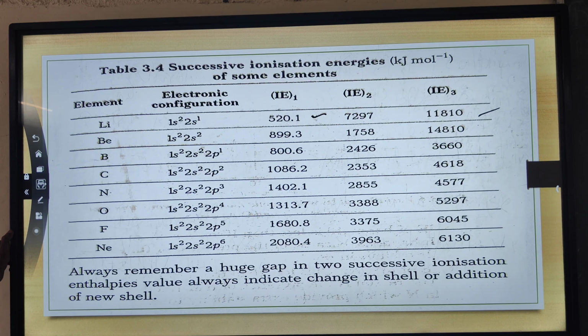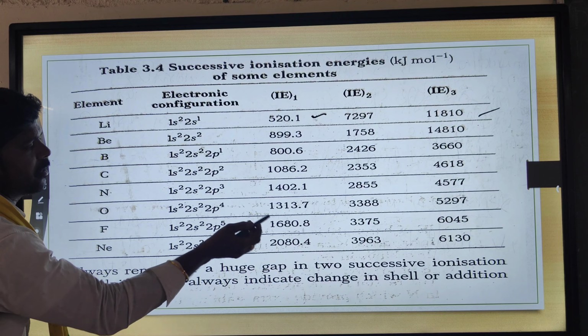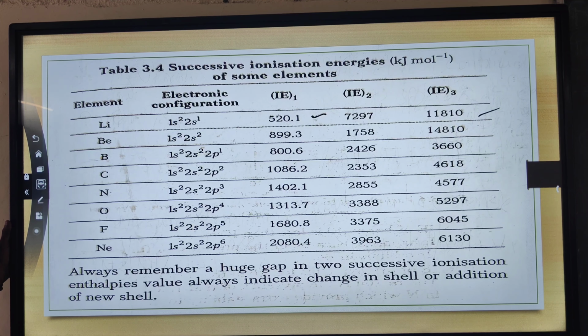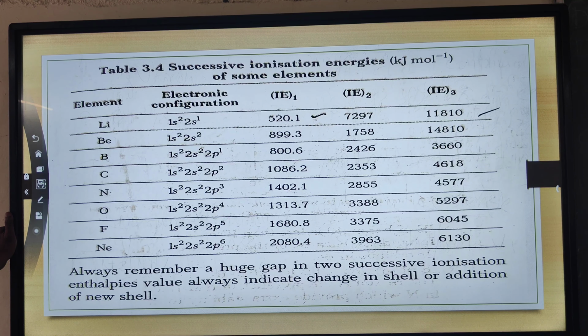Similarly, nitrogen's first ionization energy is 1402, and in oxygen it is 1313.7 kilojoules per mole. There is a decrease in ionization energy. Why does nitrogen have higher ionization energy than oxygen? Because nitrogen has half-filled p orbitals in the valence shell, which give nitrogen the highest stability compared to oxygen.